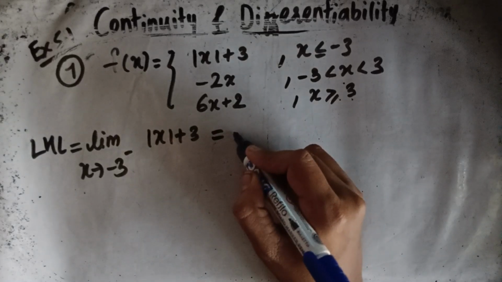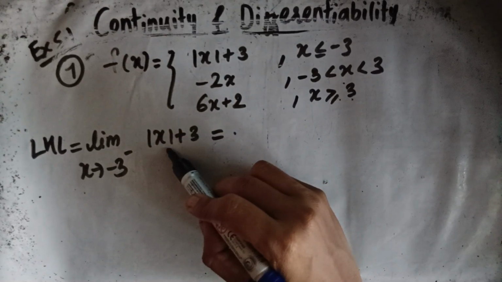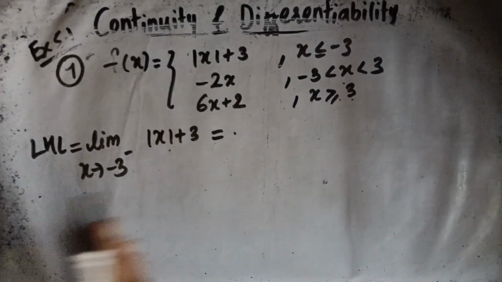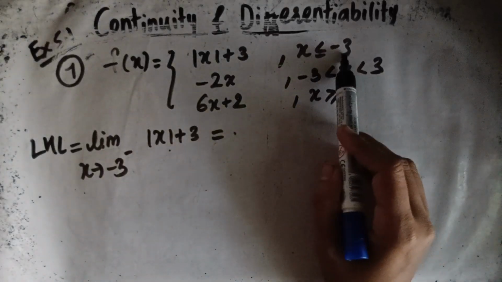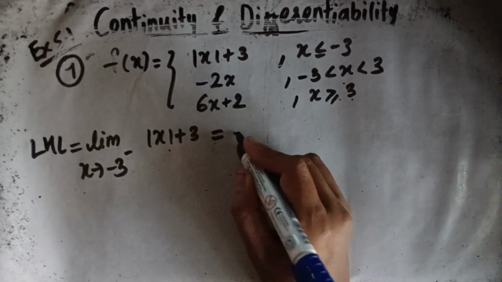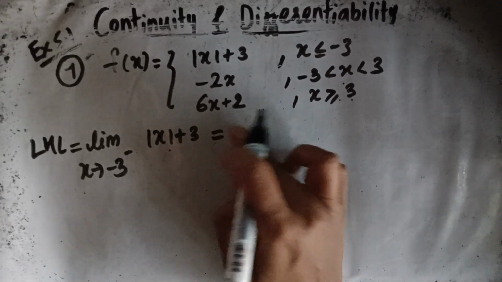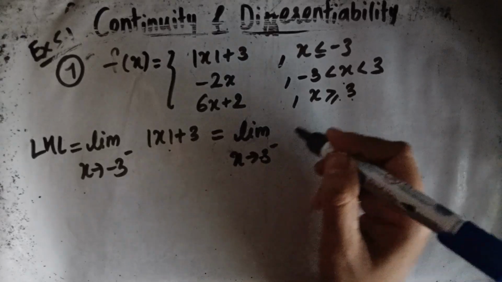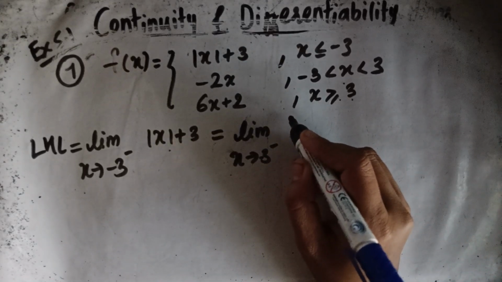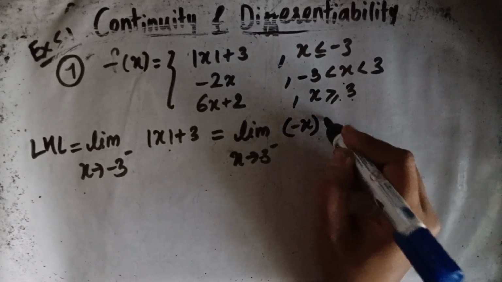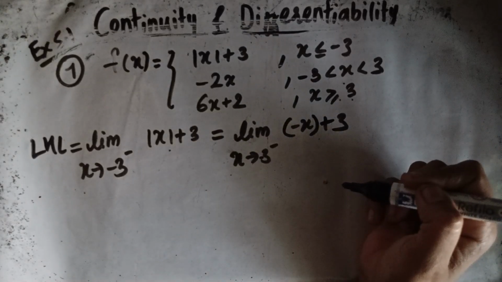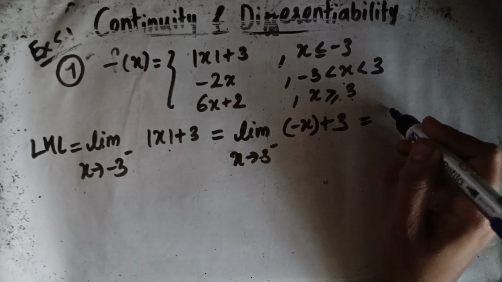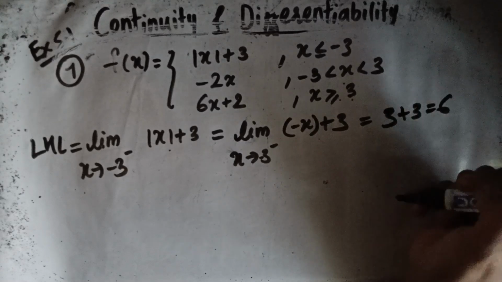Since we are approaching from the left hand side, that is for less than, you have to take the minus. So this is minus of minus 3, plus 3, which is 6.